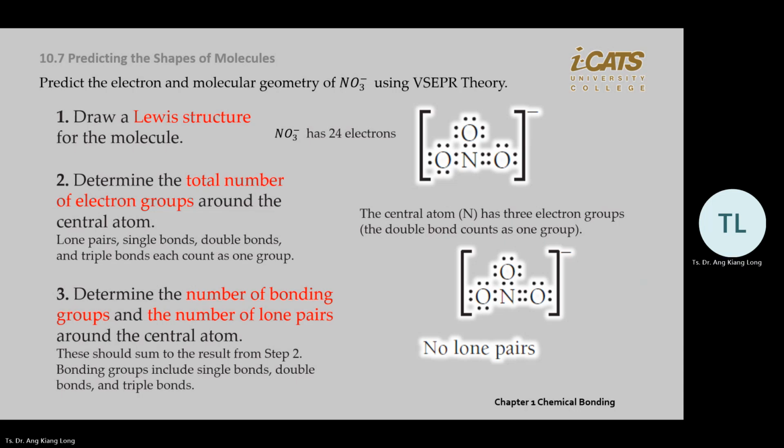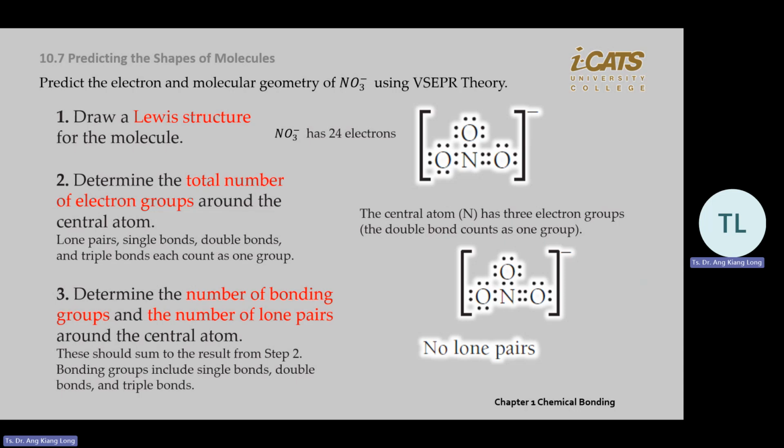Okay. If you stop here, are you able to guess the molecular geometry, electron geometry? How many electron groups? This one, double dot form, single bond, double bond.